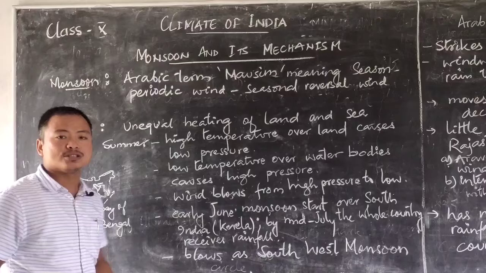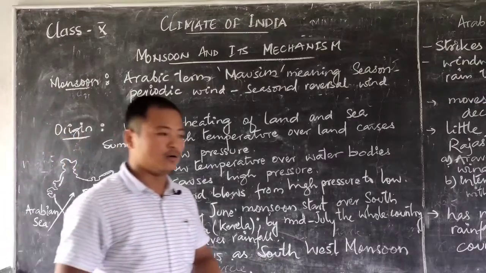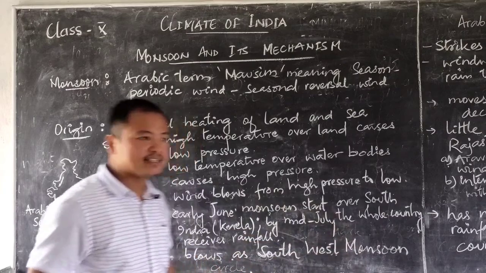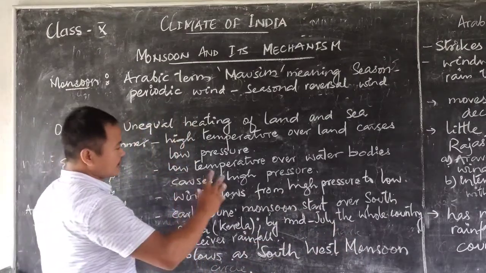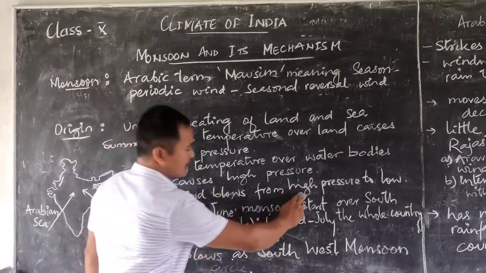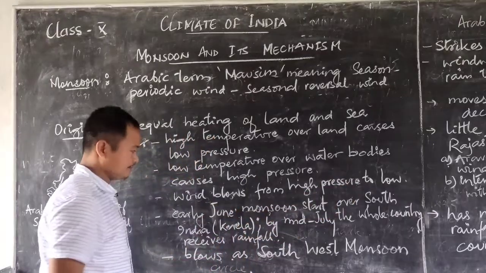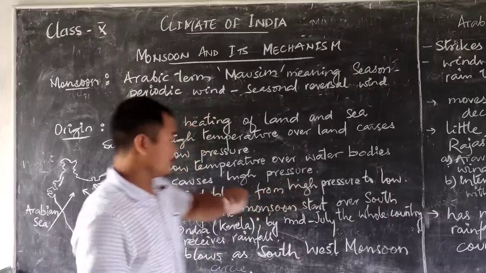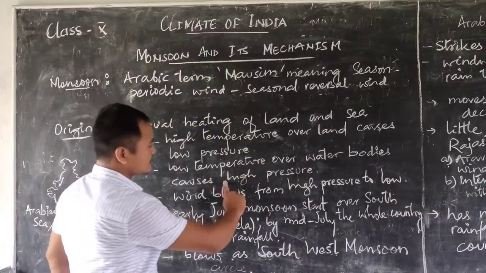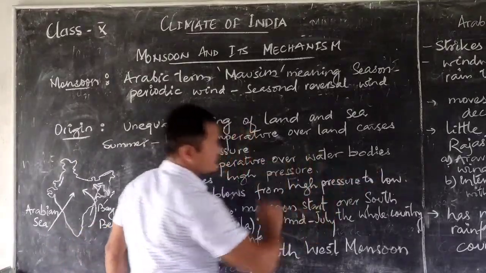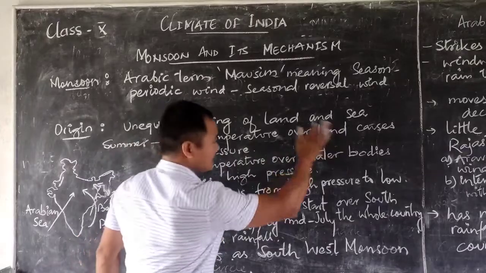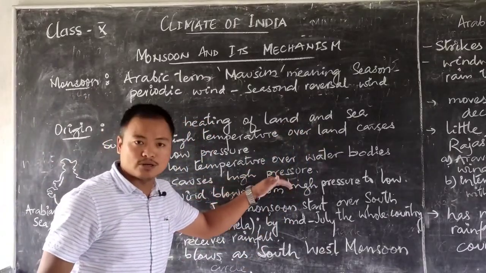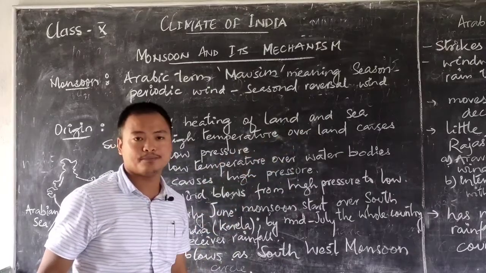The wind that originates over these places behaves in such a way that the wind starts blowing from high pressure to low pressure. So in this situation, we see high pressure is over the water bodies and low pressure is over the land. That means the wind starts blowing from water bodies towards the land.